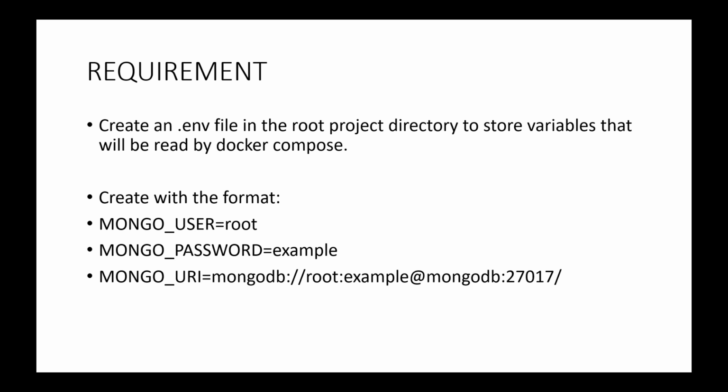First, we need to create an env file in the root project directory to store variables that will be read by Docker Compose. This is the format of the env file.